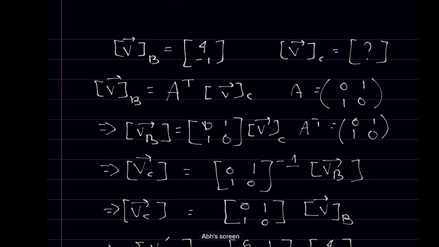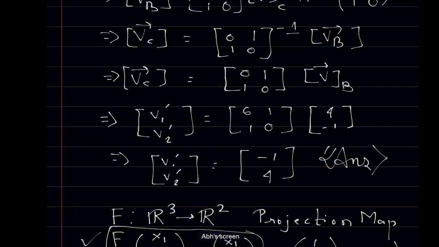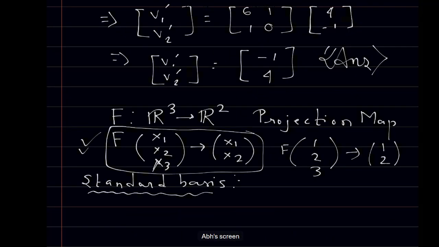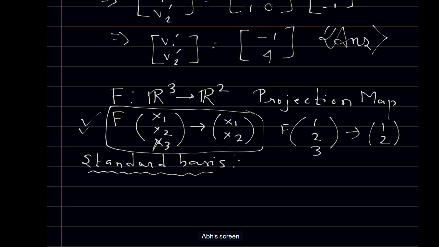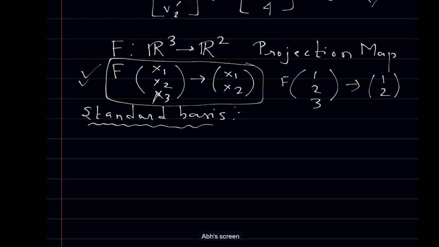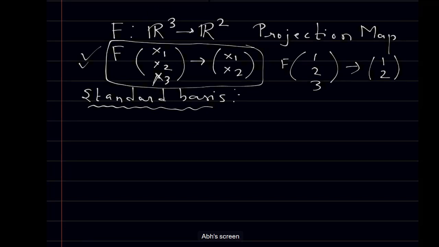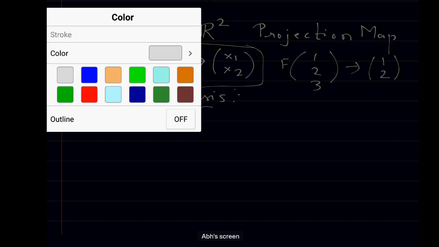So let's use the standard basis. The standard basis in R3 is, we already know, (1, 0, 0), (0, 1, 0) and (0, 0, 1). Let's start with the standard basis (1, 0, 0) in R3. Apply the map, and what it gives you is (1, 0).